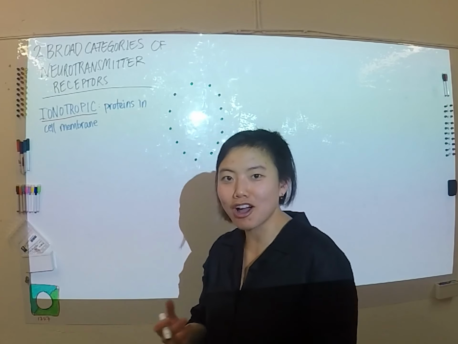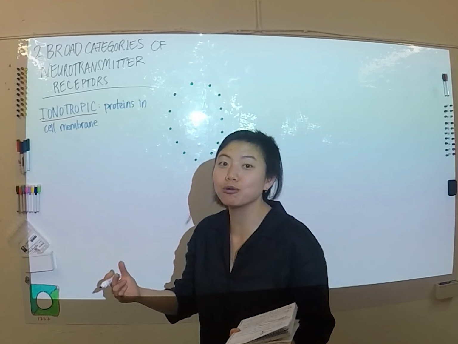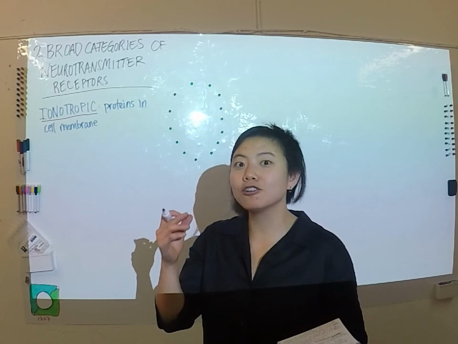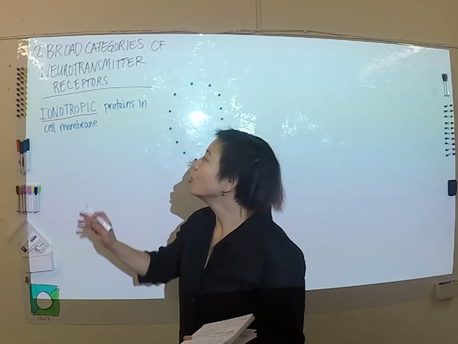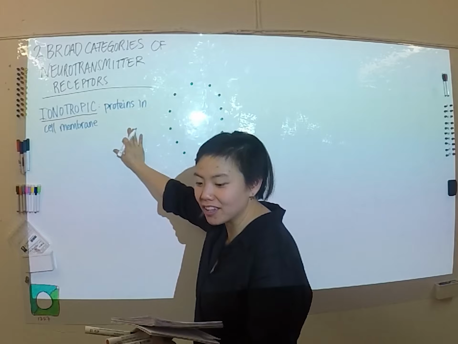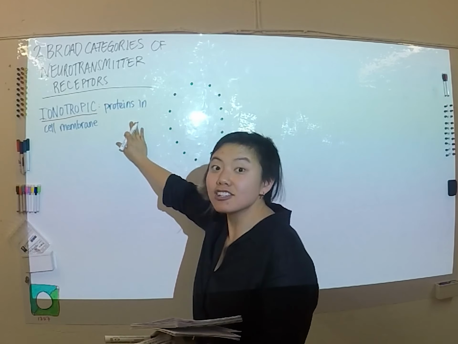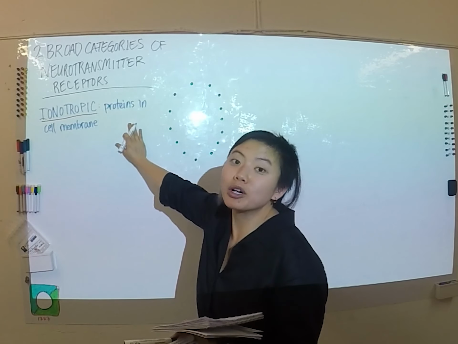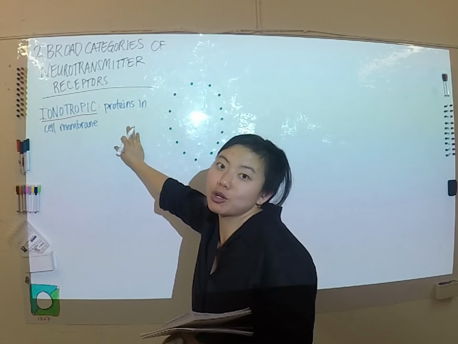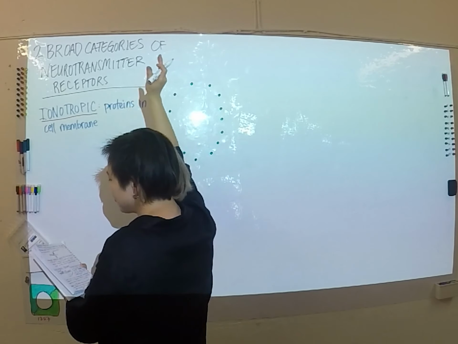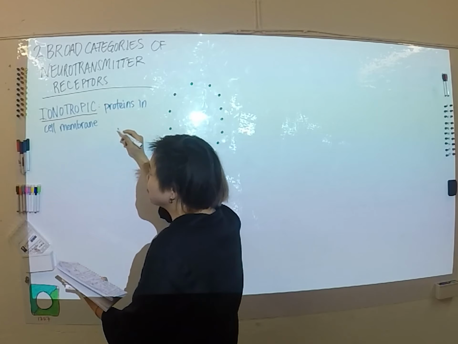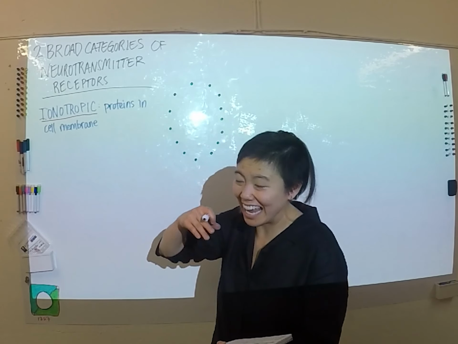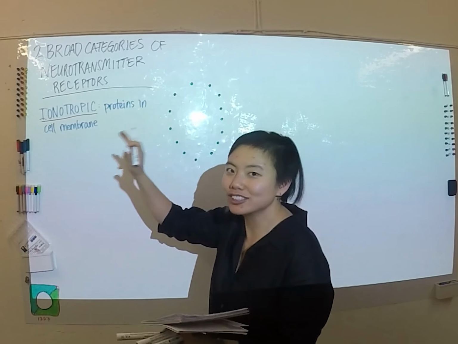So when we were talking about the three kinds of electrical potentials, resting, graded, and action, we talked about ionotropic receptors, because these are the ones that are most involved in those electrical potentials. Okay, so they are involved in both the electrical potentials and also in chemical signaling.